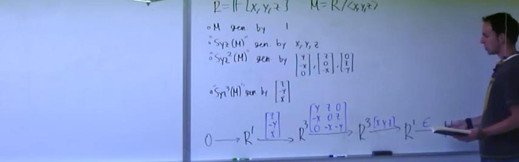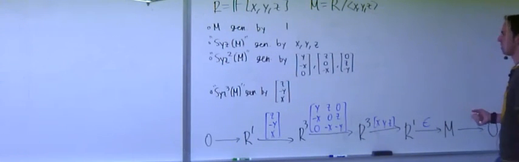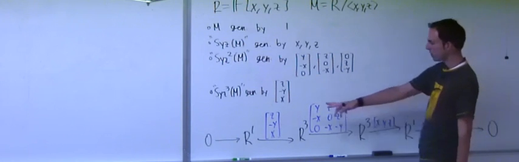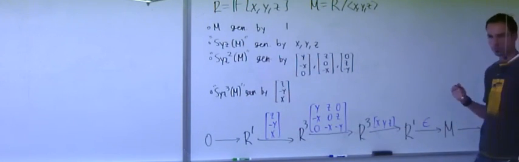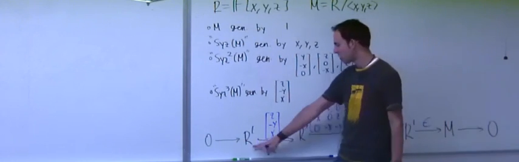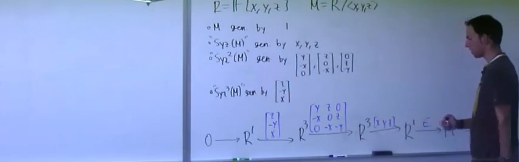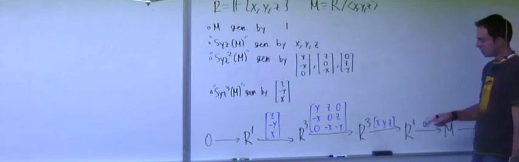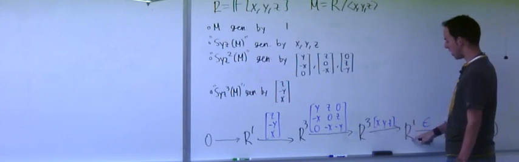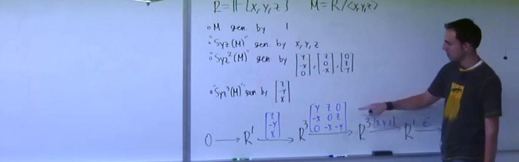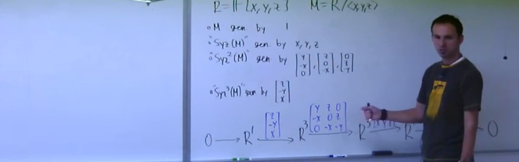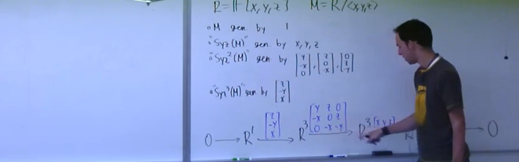So how are you supposed to think about this? Well, each one of these free modules has a basis, right? They're free, so this is generated by one thing, by three things, by three things, by one thing. And these maps, you can think of them as transition matrices, so these are linear maps from, for example, R^3 to R^3.